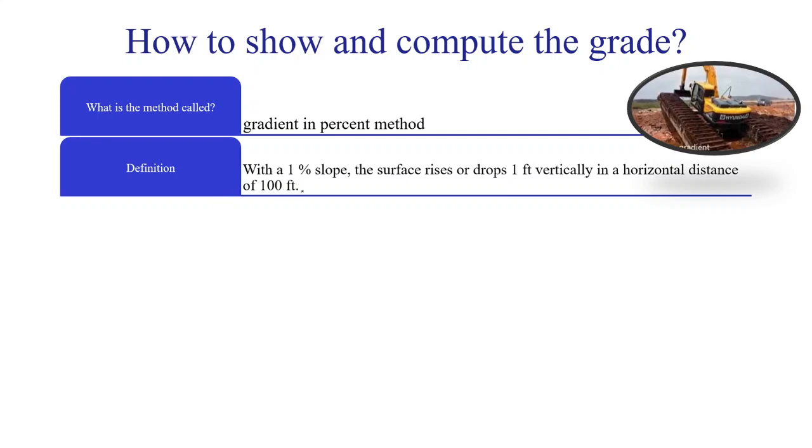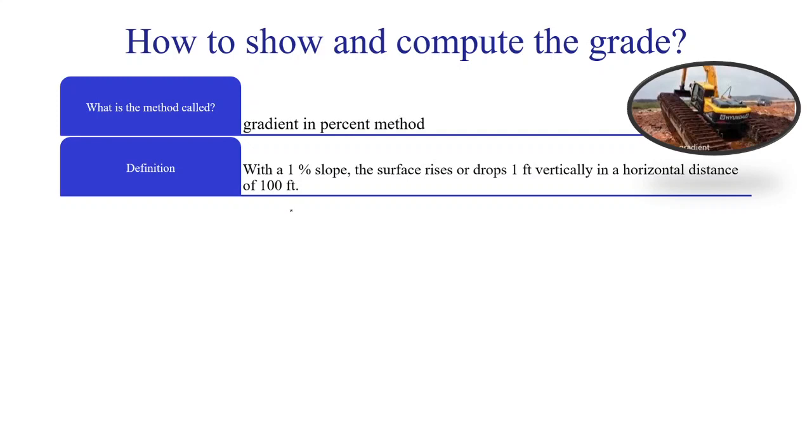Let's put it this way. When we say the slope is 1%, we are not talking about degrees. On the field, everyone addresses slopes with percentages. 1% means the surface rises or drops 1 foot vertically in a horizontal distance of 100 feet.